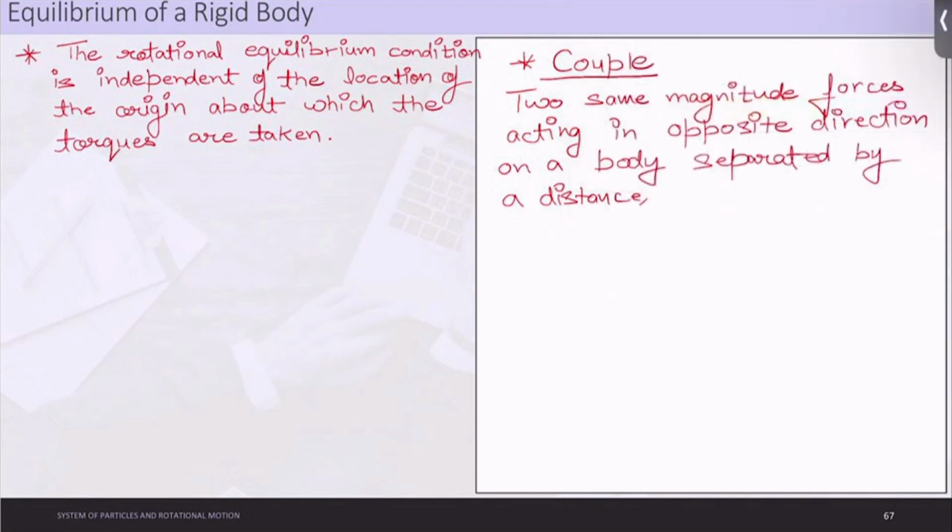We'll understand the mathematical input in subsequent slides, so I will just put in a simple example here. Let us suppose this is the body. I put a force F here and another force F here, and this separation is r. So this is nothing but a couple being applied to this body. We'll understand more about this in subsequent slides.